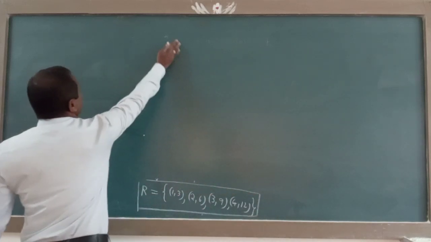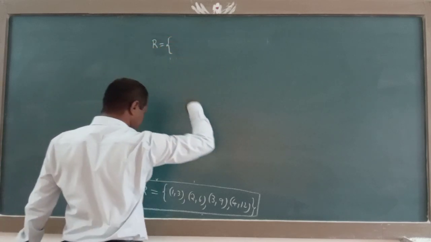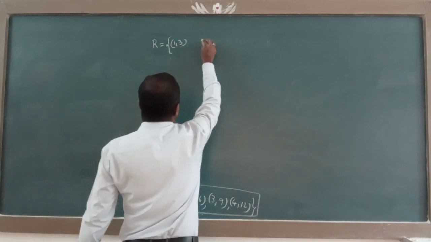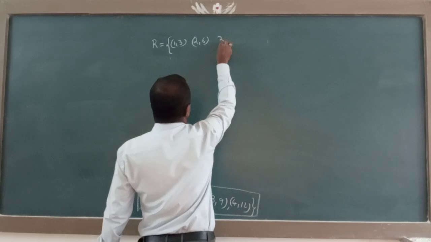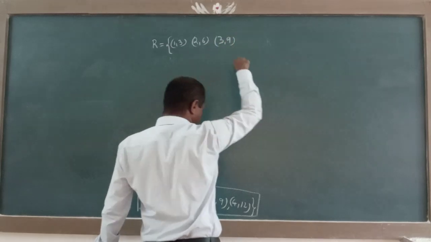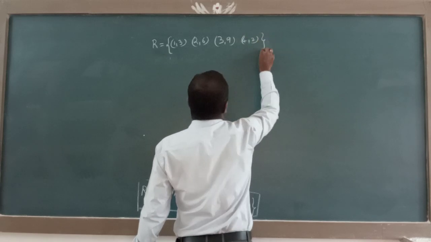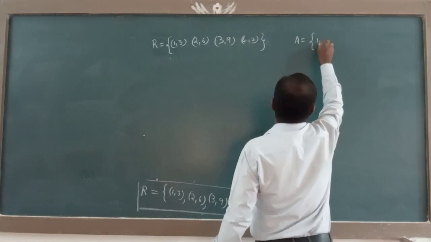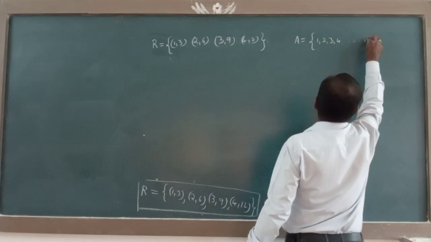That is R is equal to 1 comma 3, 2 comma 6, 3 comma 9 and 4 comma 12. At the same time, it is defined on the set A is equal to 1 comma 2 comma 3 comma 4 comma up to and so on 14.